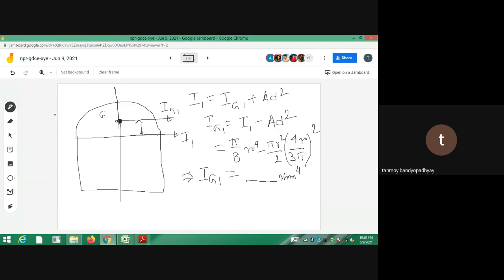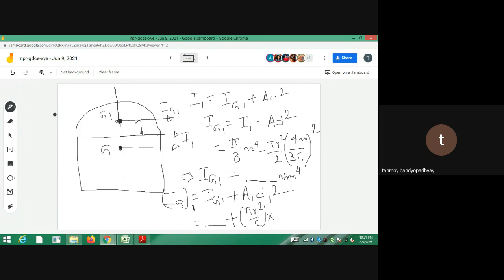Okay, now that you have IG1, the moment of inertia about G1, you have to calculate the moment of inertia about G. Now I can directly use the parallel axis theorem. IG from 1 will be equal to IG1 plus A1 into D1 square, where A1 is the area, pi r square by 2.